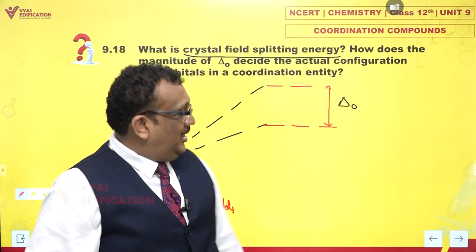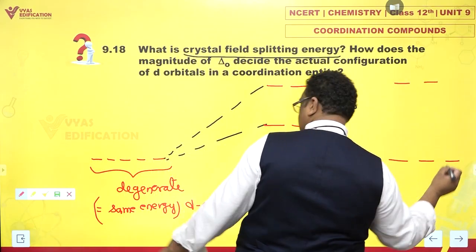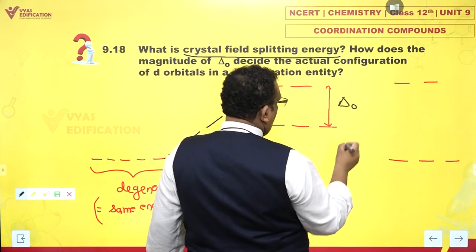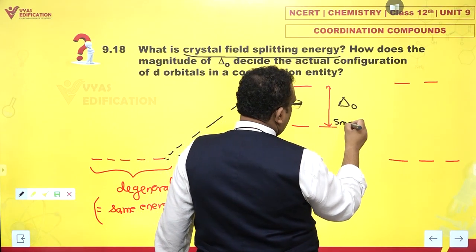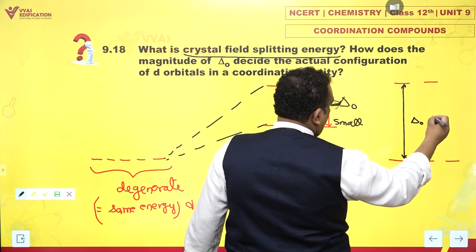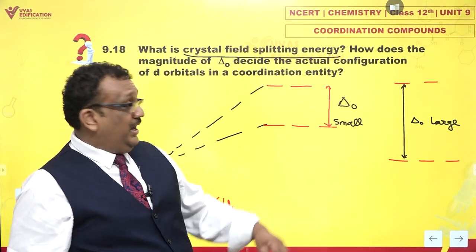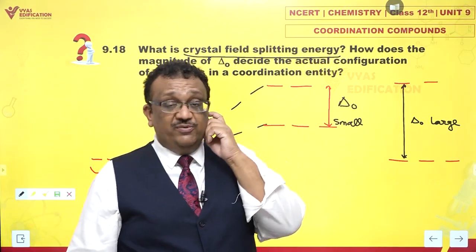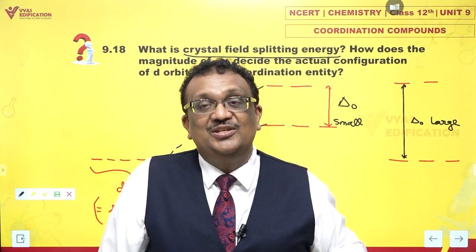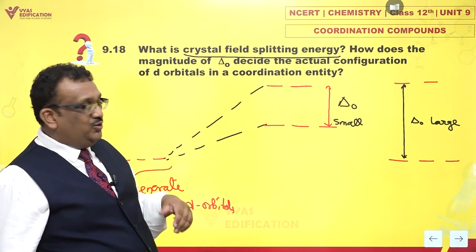Let me draw 2 cases. One case in which delta O is small, and another case in which delta O is large. A large delta O happens usually with strong field ligands, and a small delta O happens usually with weak field ligands.